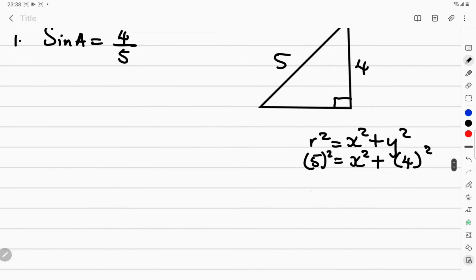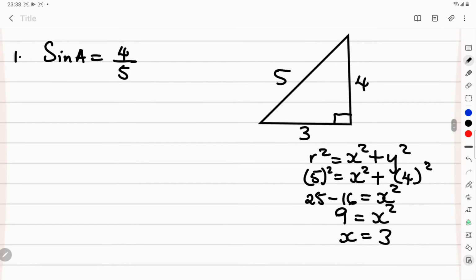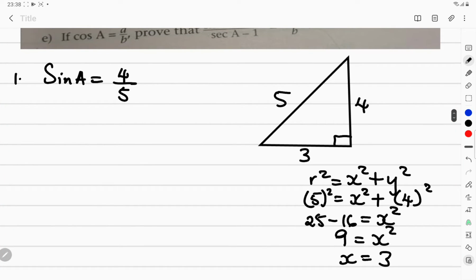So quickly there, we have 25 minus 16 equals x squared. 25 minus 16 is 9, equals x squared. Then x will be positive 3. They said we need to calculate cot A plus tan A.